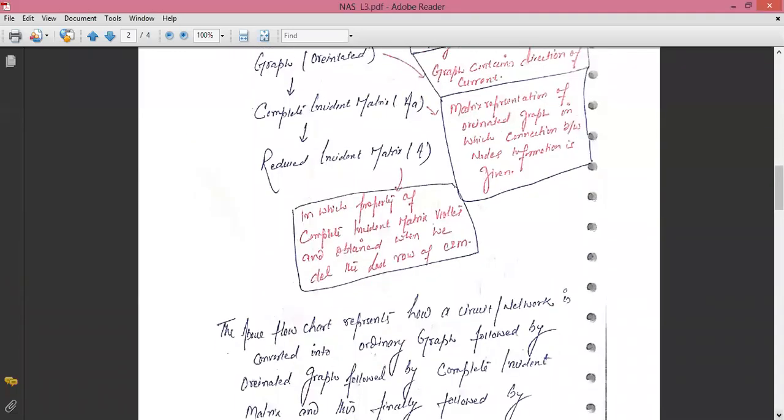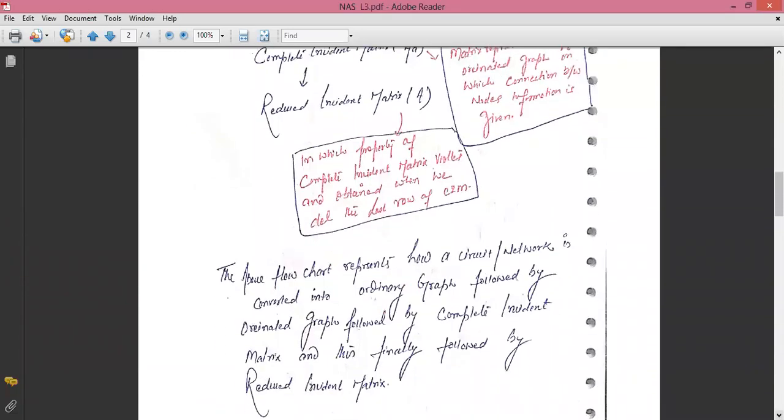So you can say that the above flow chart represents how a circuit or a network is converted into an ordinary graph, followed by an oriented graph, then followed by the complete incident matrix, and finally followed by the reduced incident matrix. I had already told you in my previous lecture, and also in today's lecture, how a circuit can be converted into RIM.